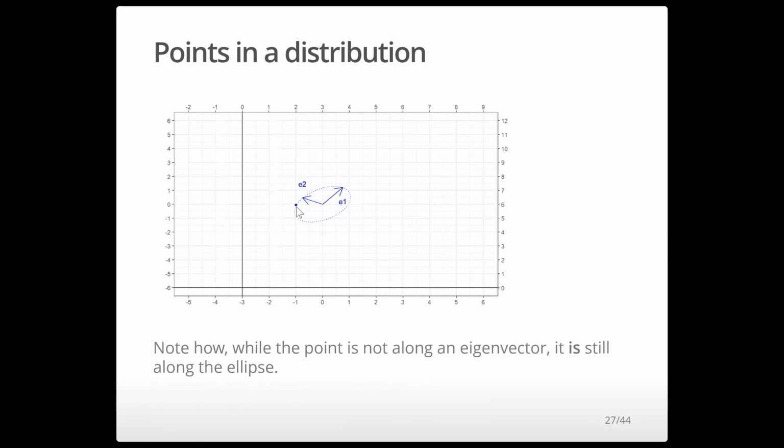And note that this point is right here. It's right along the ellipse, but it's not actually on one of the eigenvectors or eigenvalues. These just define this sort of density ellipse, which is a representation of constant distance for the multivariate normal distribution.